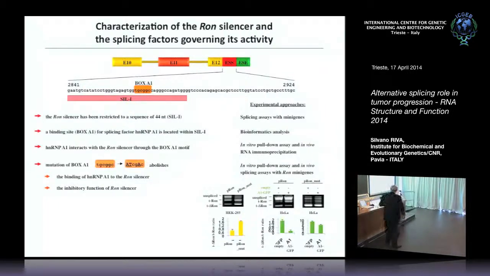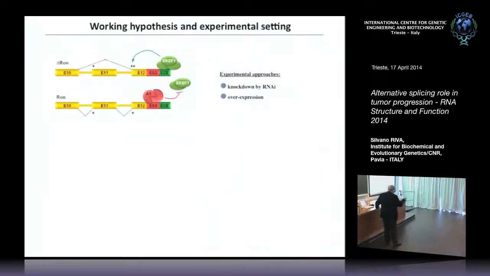You already heard about it. It interacts with the silencer and it counteracts the activity of SF2. So A1 and SF2 are antagonistic only in this case. I don't show you all the evidence, but in the teaching material, there is the paper published in Nucleic Acids Research a year ago that describes what happens.